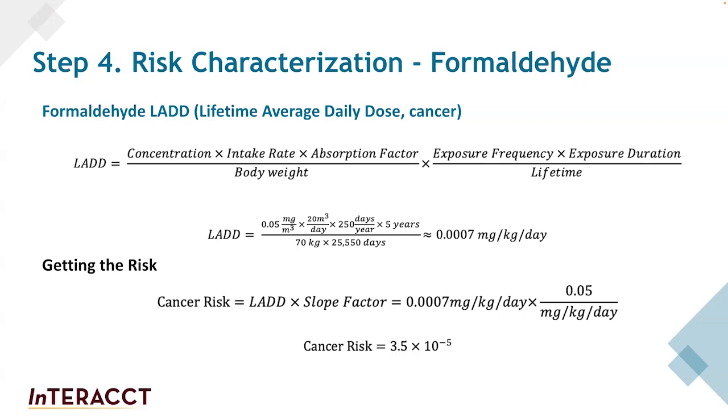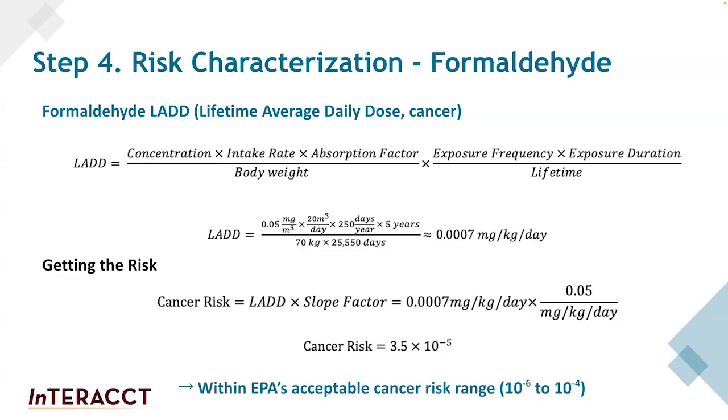This gives us a final cancer risk of 3.5 times 10 to the minus 5. This means that for every 100,000 people exposed to this level of formaldehyde, about 3 to 4 people might develop cancer over a lifetime.